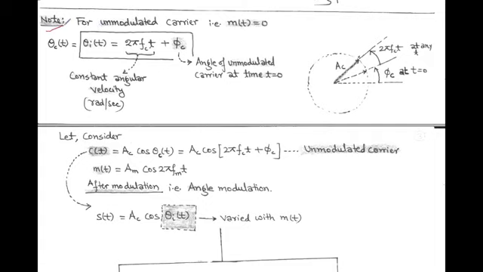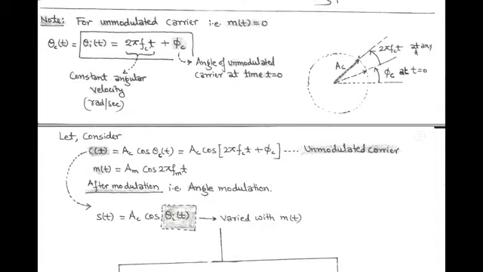Next, we note a point. Here we consider an unmodulated carrier, or we can say without modulation. For this, we take the message signal equal to 0, and the angle of this unmodulated carrier is given as theta_c of t, which is shown in phasor form.